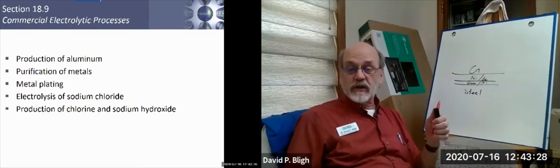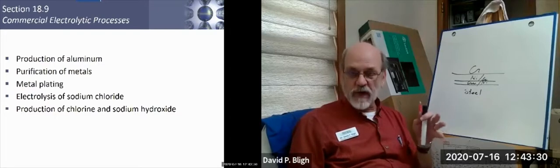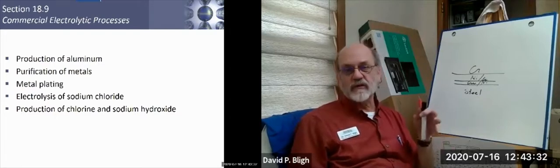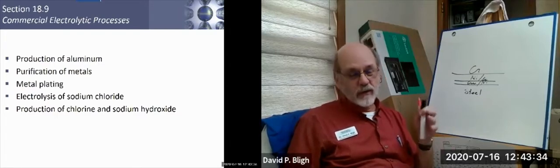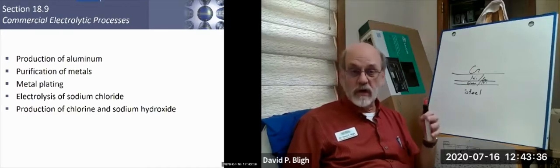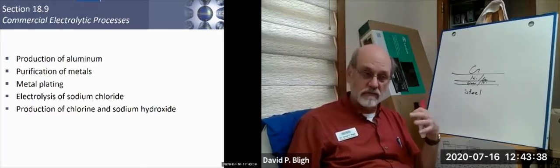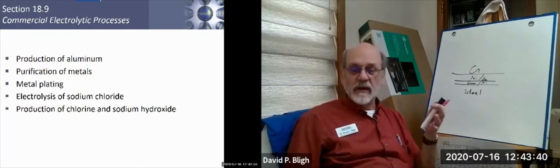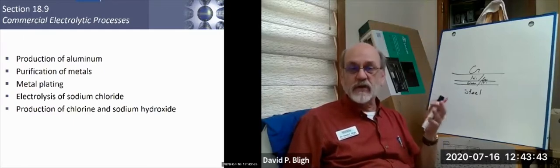Now, the production of aluminum is a major industrial process. Another major industrial process, and I don't know whether one is more valuable than the other, is the electrolysis of sodium chloride.